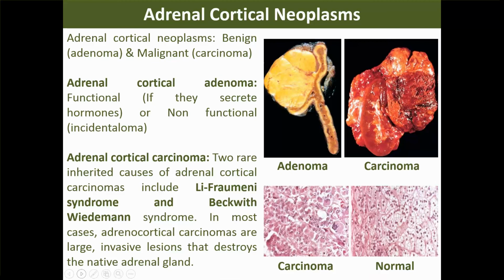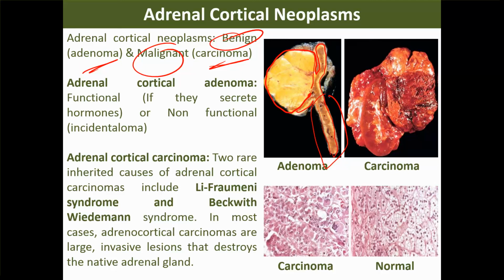So now coming to adrenal cortical neoplasms. Like in other organs, we divide them into benign and malignant. Benign is adenoma, malignant is carcinoma. For the benign one, for example, this is the normal cortex, and you see the yellow adrenal cortex. Trace the yellow cortex, and you see here a well circumscribed nodule, right?